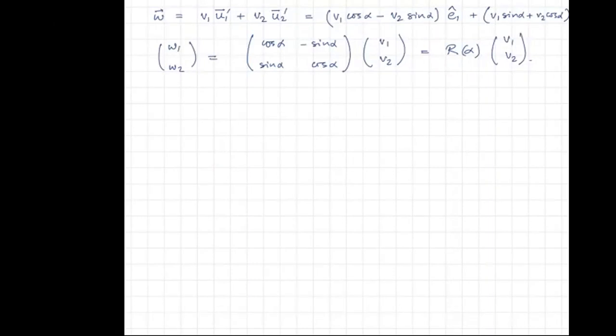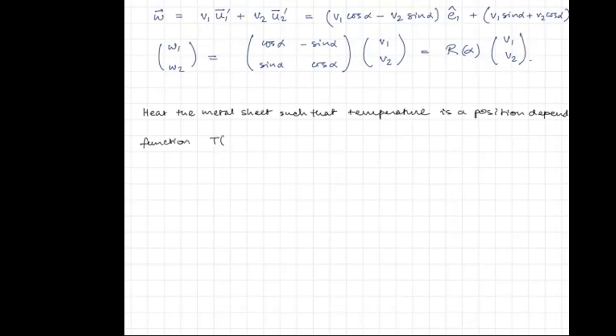The first thing I wanted to do is explain what the figure P is. So now heat the metal sheet such that temperature is a position dependent function, T of r.